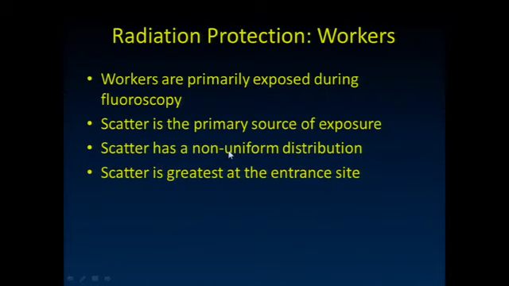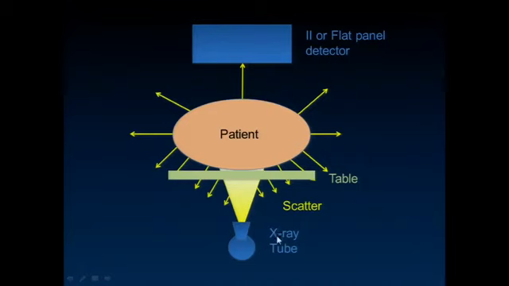Remember that scatter has a very non-uniform distribution, and scatter's greatest at the skin entrance site. For this reason, in most of our fluoroscopic procedures, we want the X-ray tube underneath the patient, so that all this scatter is heading down towards our feet, relatively radiation insensitive tissues of the body.